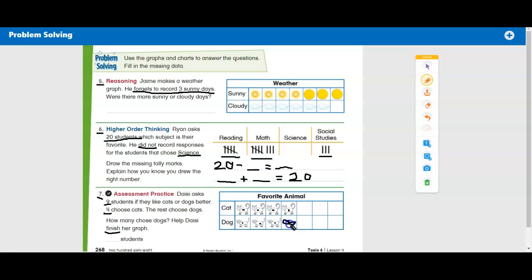So in your picture graph, you can draw your 2 dogs. And I'm not very good at drawing, so I'm just going to draw a little tiny stick dog here. Okay? So now that the graph is finished, we have to answer the question. How many chose dogs? So count how many students chose dog in all, and write your answer in the blank below.